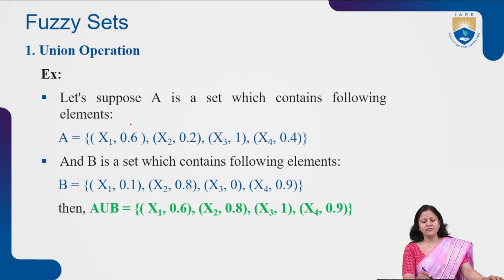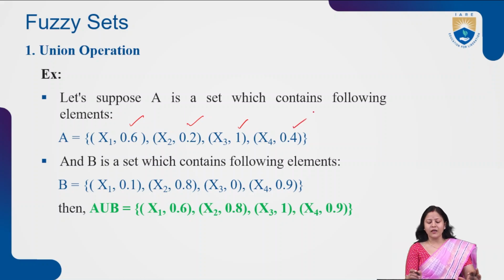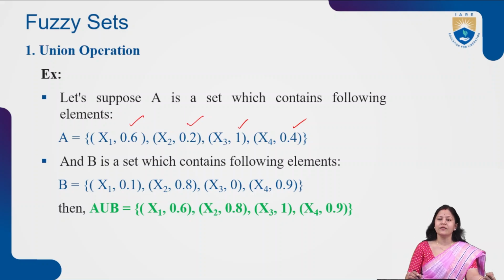That means 0.6 is the degree of truthness for the element x1, 0.2 is the degree of truthness for x2, 1 is the degree of truthness for x3, and 0.4 is the degree of truthness for x4. Similarly, B is also a set containing the elements x1, x2, x3 and x4. The membership value for x1 is 0.1, for x2 is 0.8, for x3 is 0, and for x4 is 0.9.